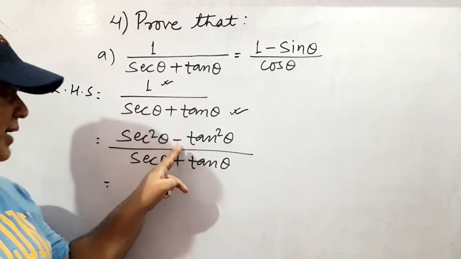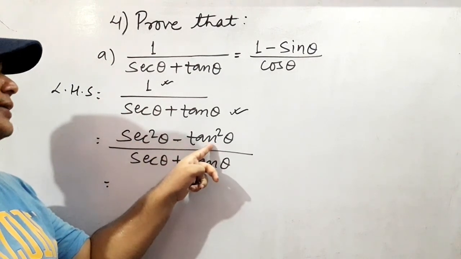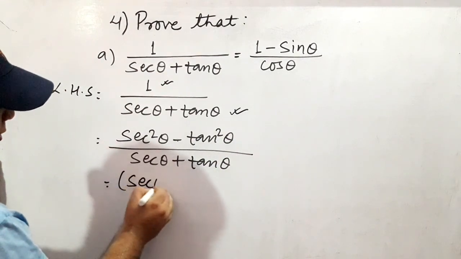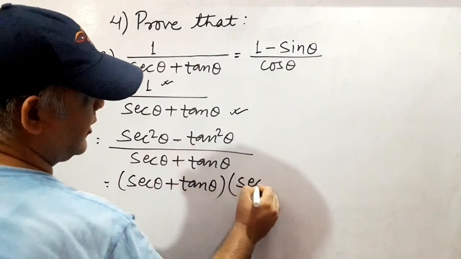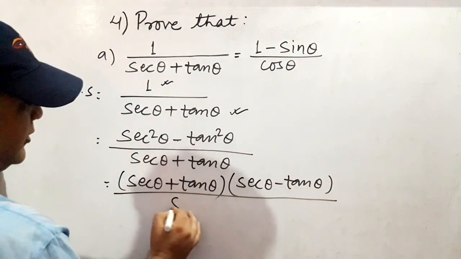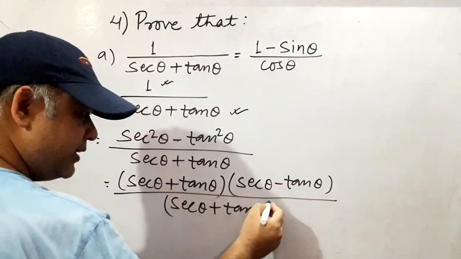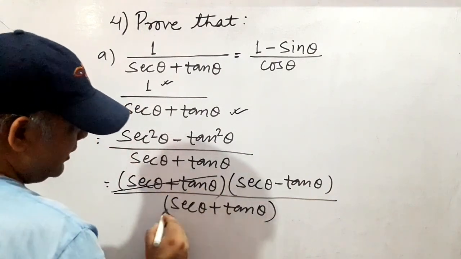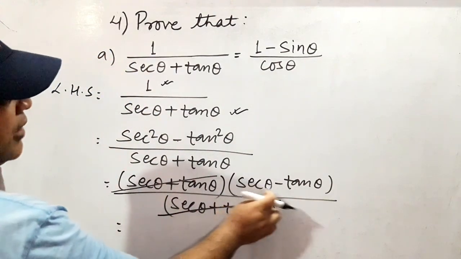Sec square theta minus tan square theta, here sec theta acts as A and tan theta acts as B. So sec square theta minus tan square theta can be written as sec theta plus tan theta into sec theta minus tan theta by sec theta plus tan theta. Let me keep the sec theta plus tan theta of the denominator in the bracket. Now I can cancel this sec theta plus tan theta and the denominator sec theta plus tan theta. Now there remains sec theta minus tan theta.